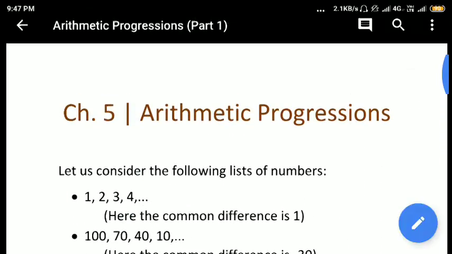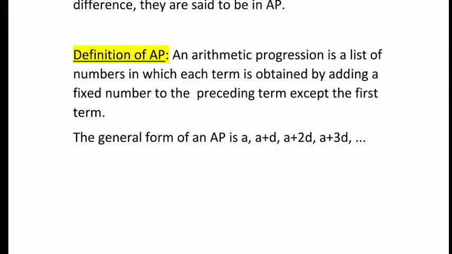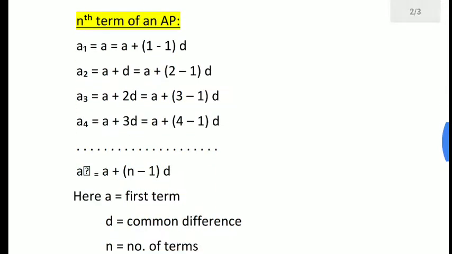Already we found on the previous screens that the first term is a, the second term is a plus d, the third term is a plus 2d, and the fourth term is a plus 3d. Then we consider the first term as a1, so a1 is a, from the general form you see.